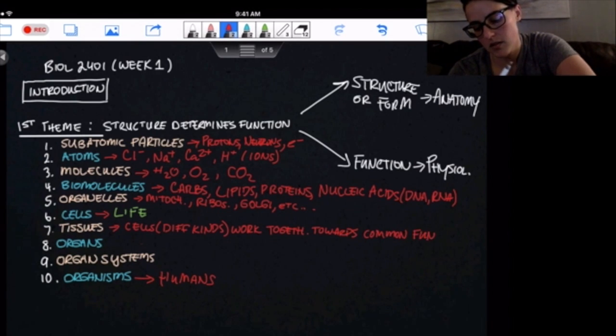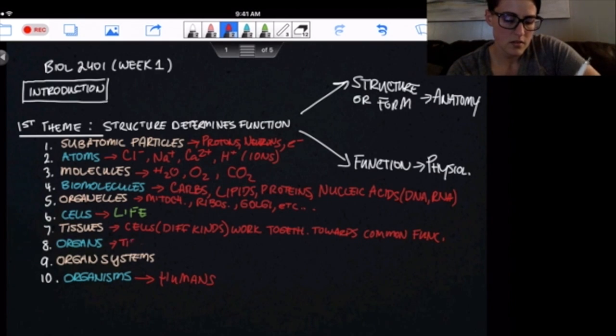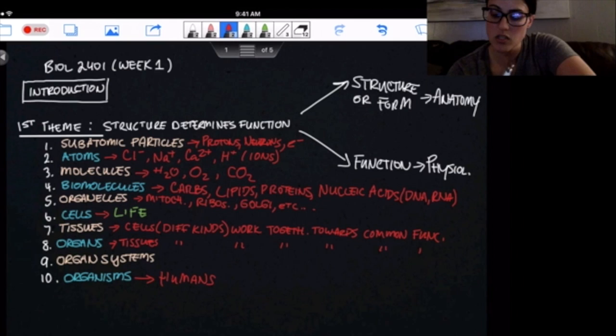Okay, and that's the theme the rest of the way down. Okay, so we can take a bunch of these tissues, put them together, and form organs. So organs are a bunch of tissues, different kinds, that work together towards a common function.